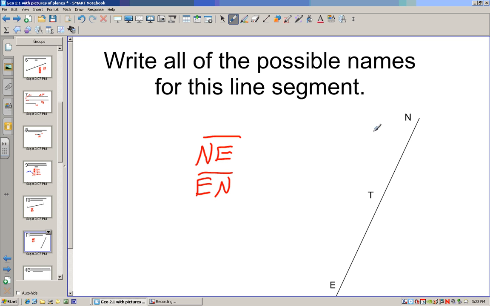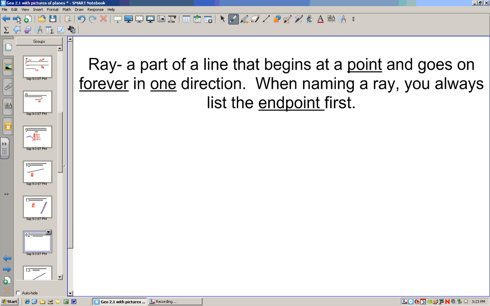One big mistake that people make is they say NT is the same line segment. But NT would only represent this line segment, where NE would represent the whole thing. So those are completely different line segments. So the only two ways we could represent this whole line segment would be NE and EN.